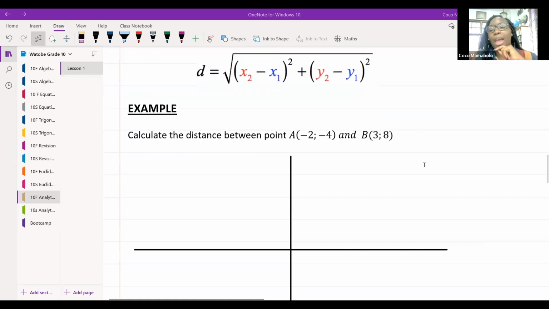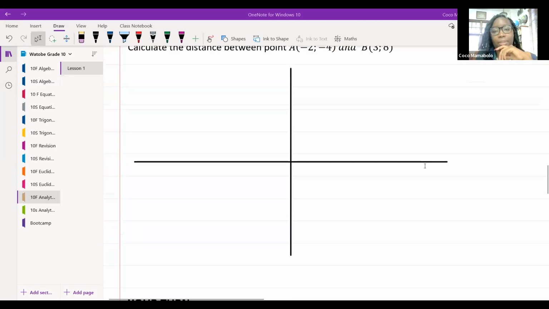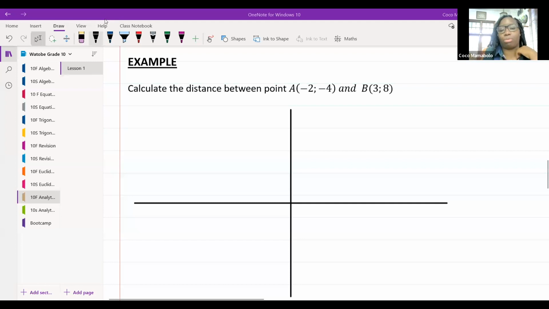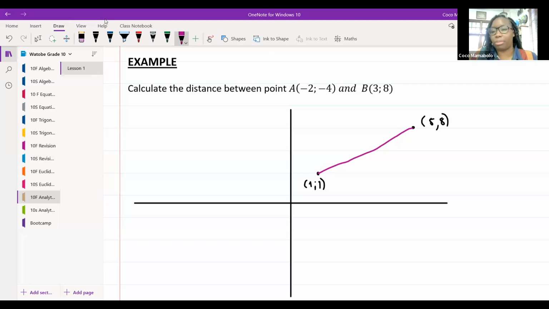All right, if I have 2 points, I'm quickly going to draw them. Here's one, and here's another one. Let's say this point is (1, 1) and this point over here is (5, 8). If I asked you how far away this point is from that point, we can easily say that to get right underneath this point, I need to walk 4 units this way, because my x coordinate tells me so.